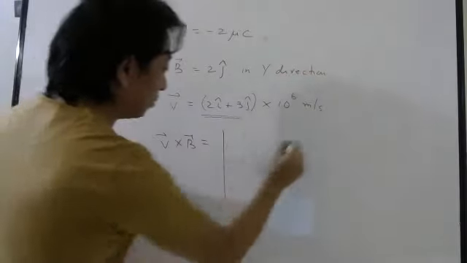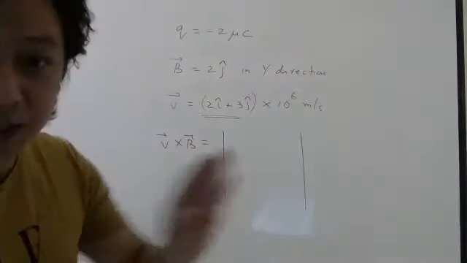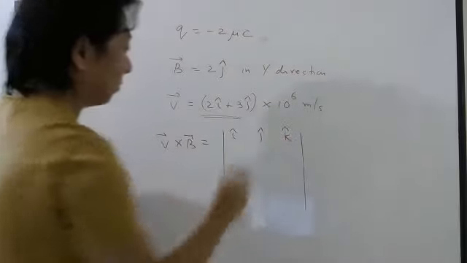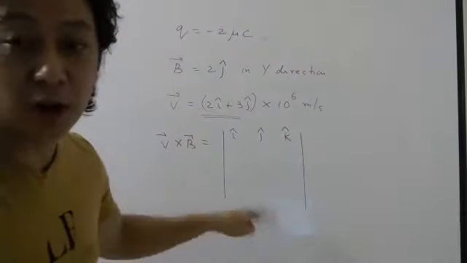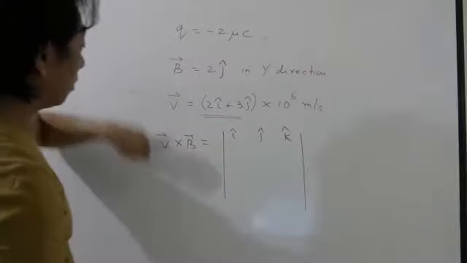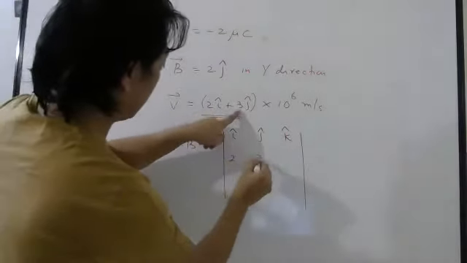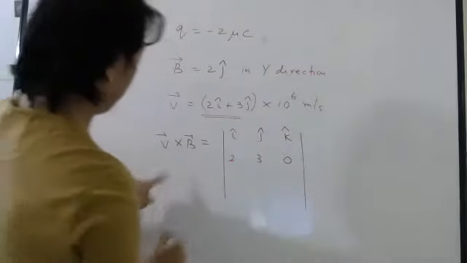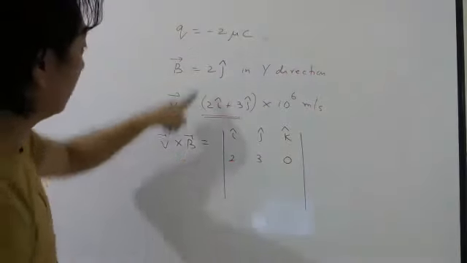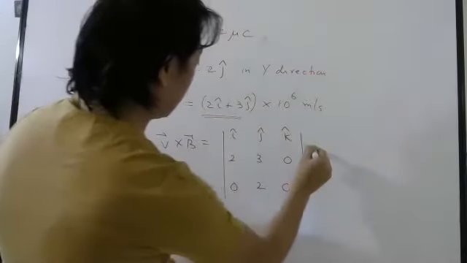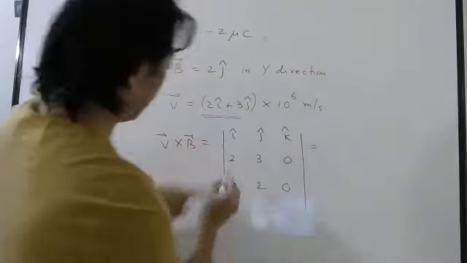Let me teach you the general technique. First, how we used to do i cap, j cap, k cap cross product. This will be taught in mathematics also. Don't worry. What are the components of velocity? 2, 3, no k cap, so 0. Second, magnetic field 0, because this is j cap, 2, 0. So first you have to find the i component.